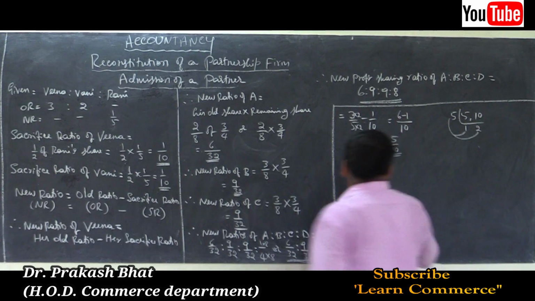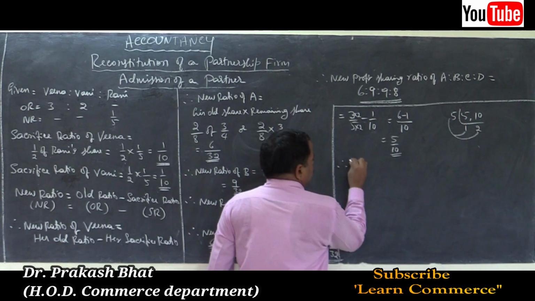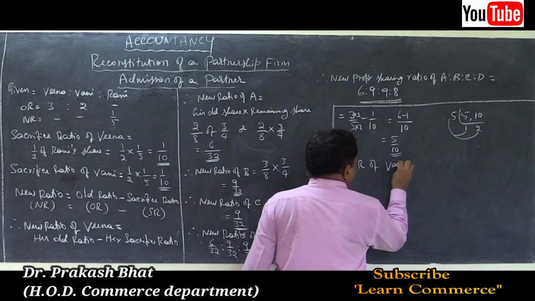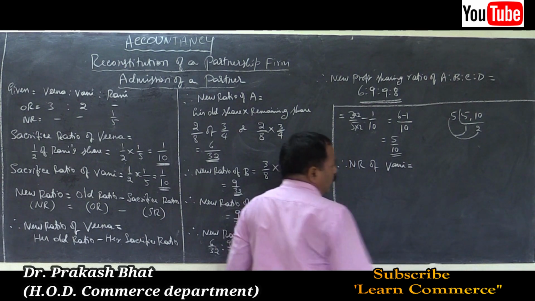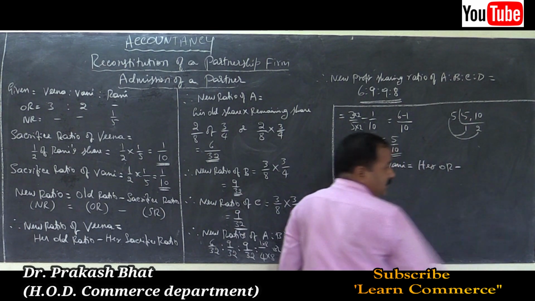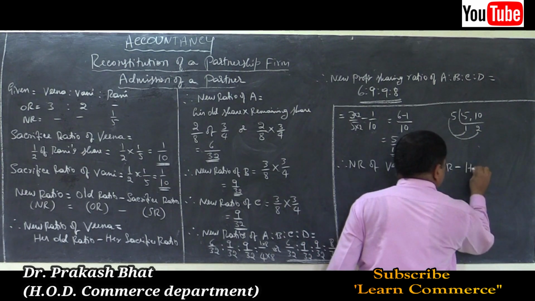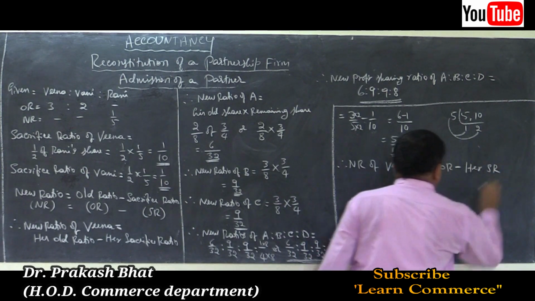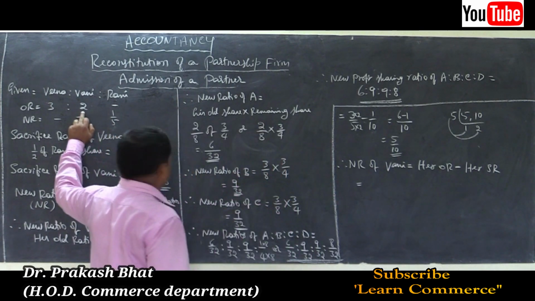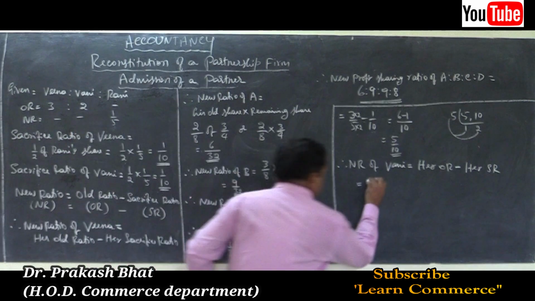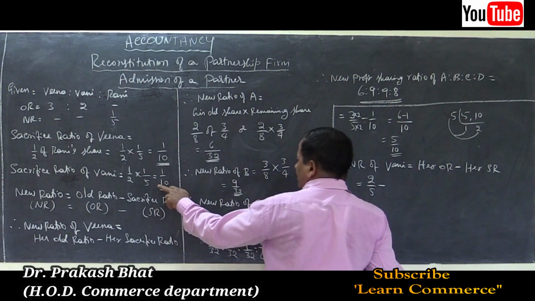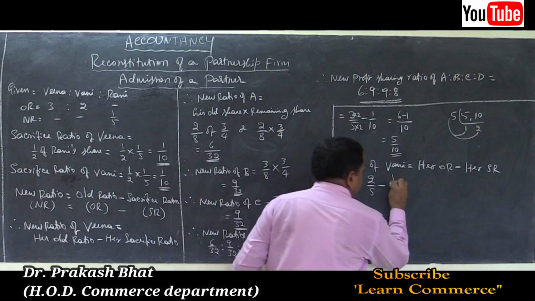Now, moving on to, therefore, new ratio of Vani is equal to her old ratio minus her sacrifice ratio. Her old ratio is given in the problem, 2/5, minus her sacrifice ratio, which we have already calculated, 1/10.